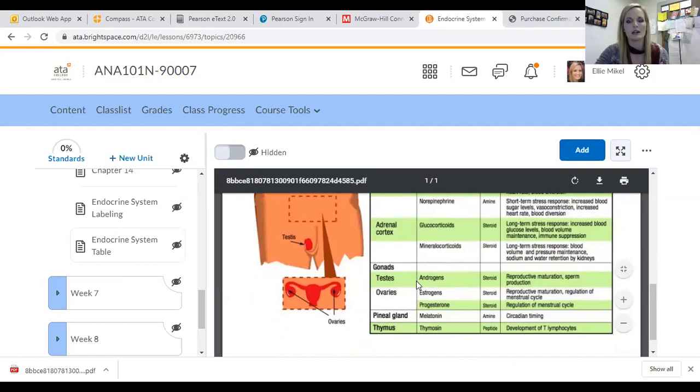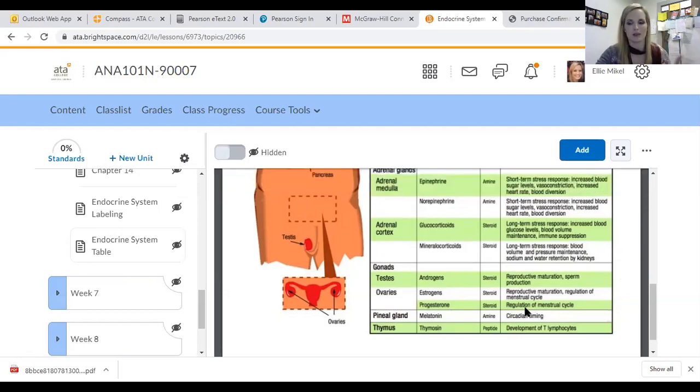So testes in the male secrete androgens, specifically testosterone, whereas the female ovaries produce estrogen and then progesterone. It does mention progesterone's regulation of the menstrual cycle, but as we talked about, its role in pregnancy too. Progesterone, as I mentioned, does a number of different things in the body, and that is just one of many. The pineal secretes melatonin, the thymus secretes thymosin.